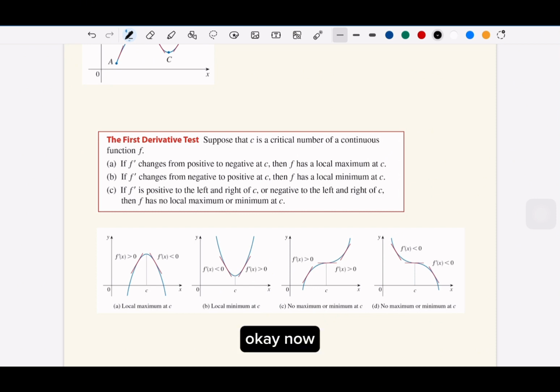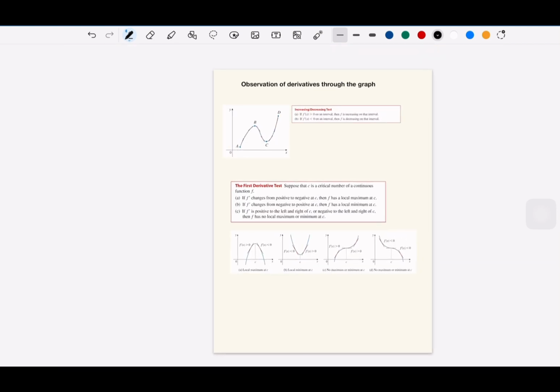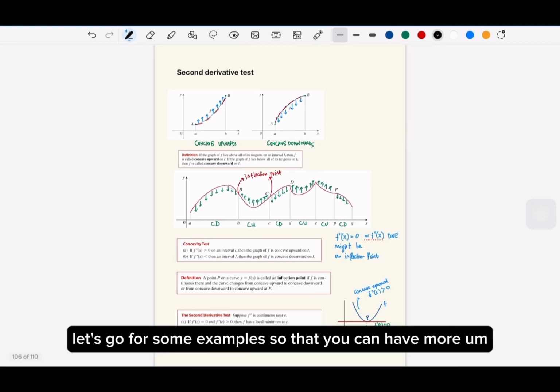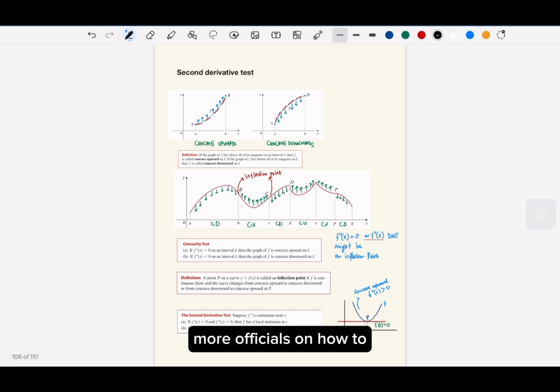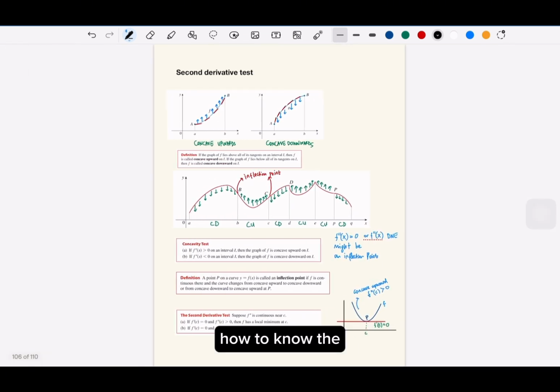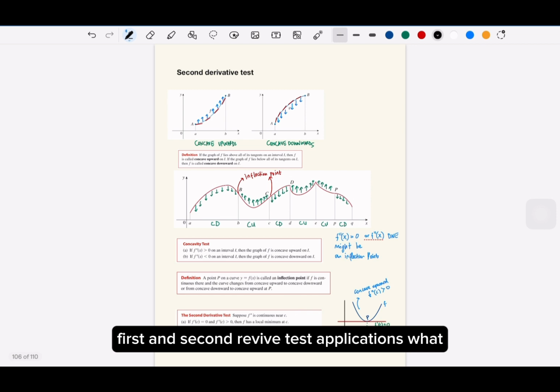Okay. Now, let's go for some examples so that you can have more visuals on how to apply the first and second derivative tests.